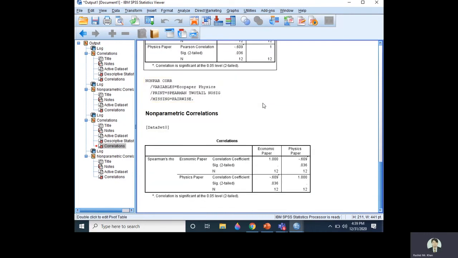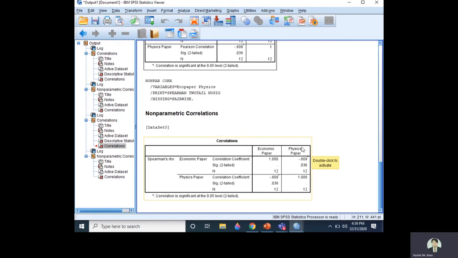So just one look at the Spearman's rho. That's a non-parametric test, where we need no assumptions. So look at this, it is minus 0.609. Here is almost the same value.